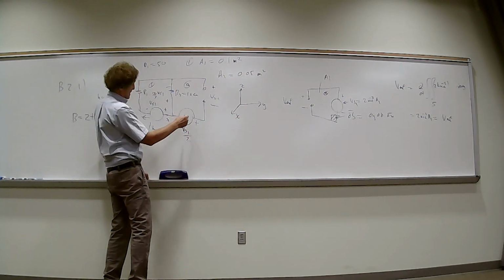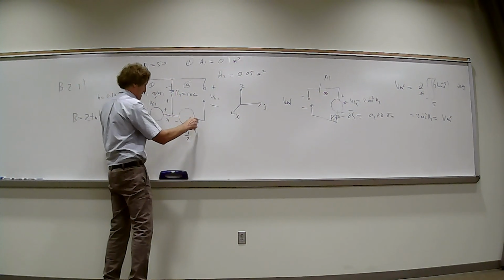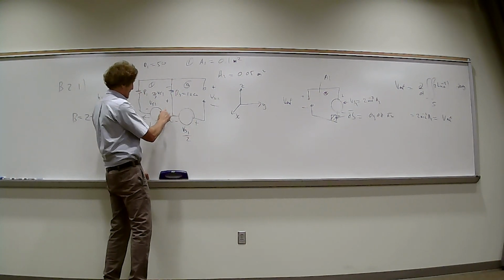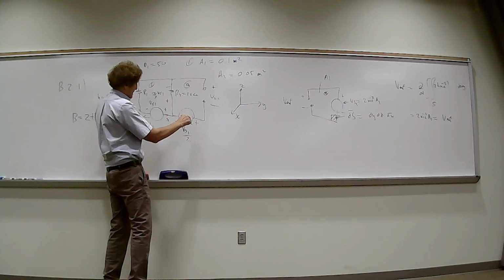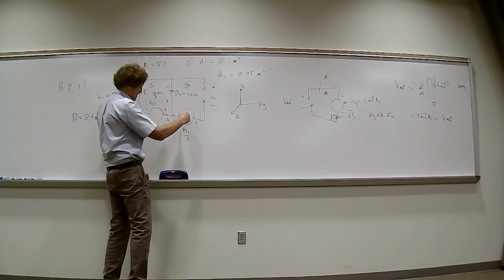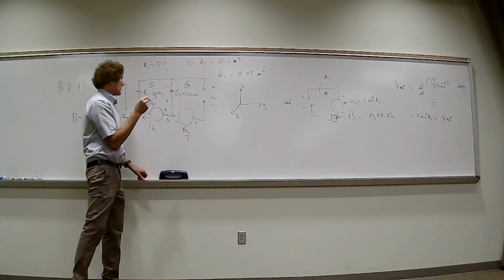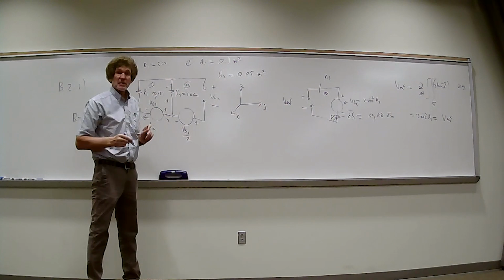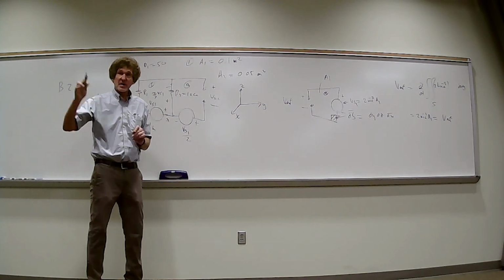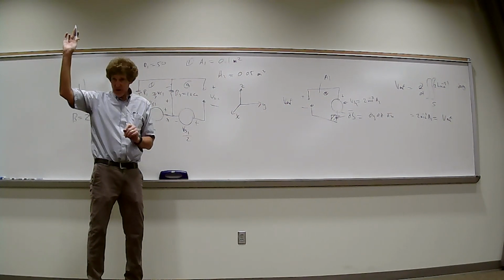Then, wait a second, I got this wrong. This is plus, yeah, that's right. So it's going to be minus VS1 over 2, and then minus 2/3 VS1, back to the positive terminal would be the voltage. How many see this? You see it?